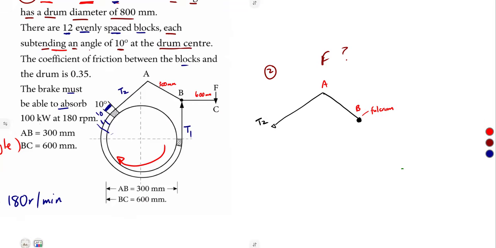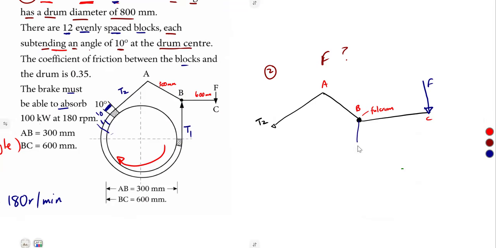Remember, this is A. Then horizontally it goes to C, where we have got that force that is applied here. So we must find this F. As I said, we now know that this is T1, and T1 passes through the fulcrum. So T1 is here at B.